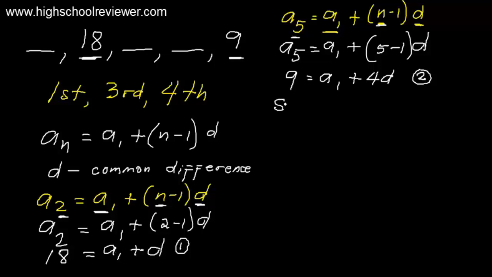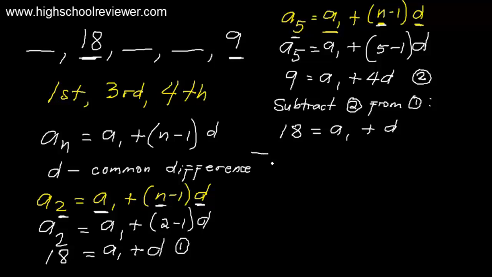So we subtract equation 2 from equation 1. Again, our equation 1 is positive 18 equals a sub 1 plus d, minus equation 2, which is positive 9 equals a sub 1 plus 4d.